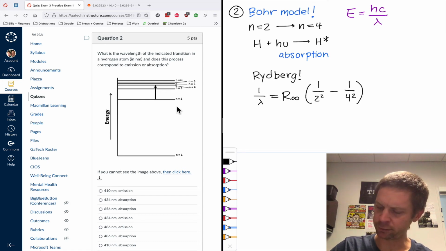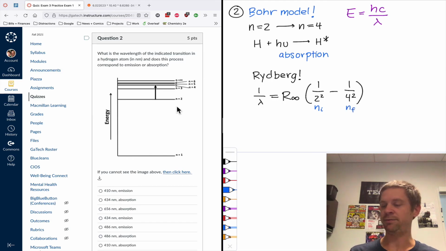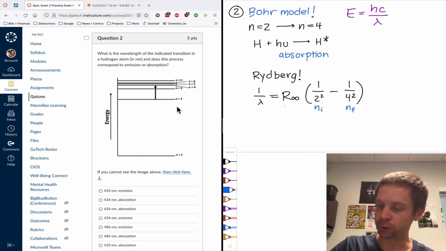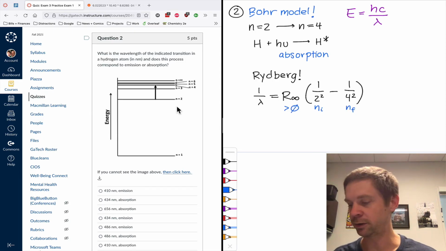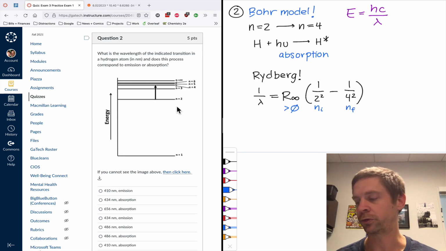And just to make this a little bit clearer, this is our initial n value, and this is our final n value. And here I'm assuming that the Rydberg constant is greater than 0, so that this whole right-hand side becomes greater than 0, and 1 over the wavelength, of course, must be greater than 0.